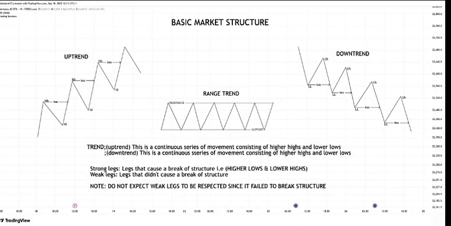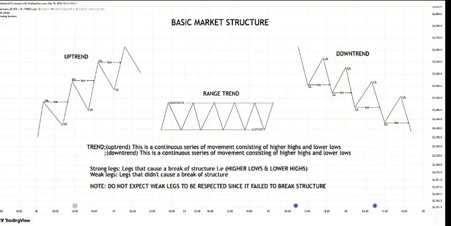When it comes to market structure, we have three types of structure. We have the uptrend or bullish trend, the downtrend or bearish trend, and then the ranging trend or consolidating trend, or the ranging market, either of them. So now, what is a trend? A trend, when it comes to an uptrend, is a continuous series of movements consisting of higher highs and higher lows.